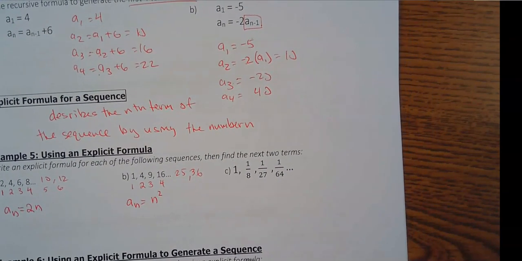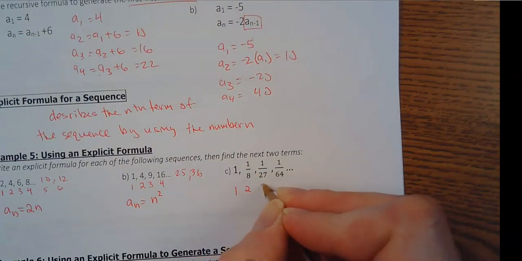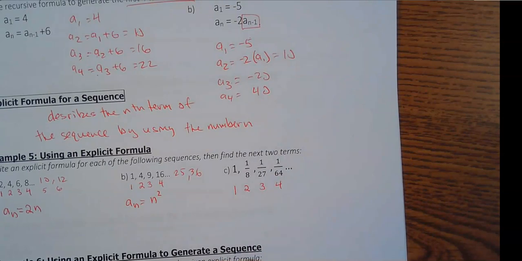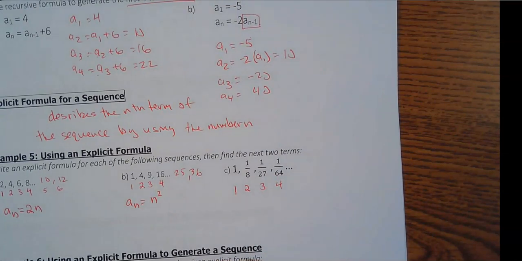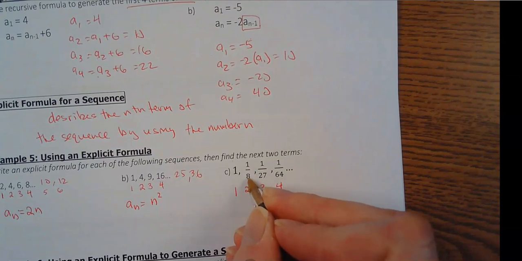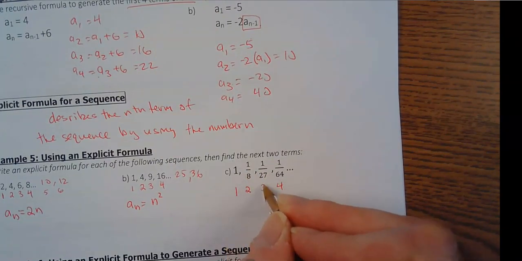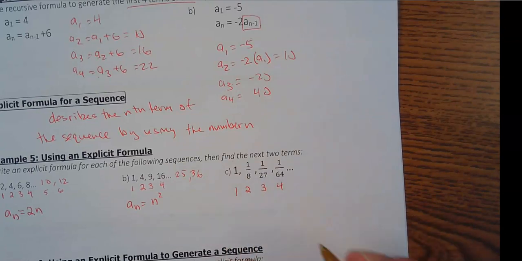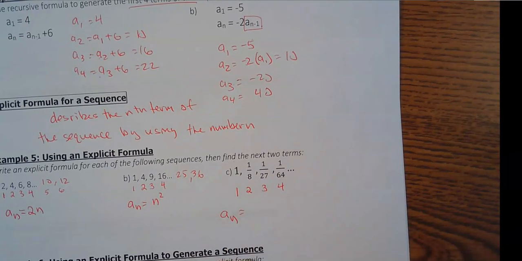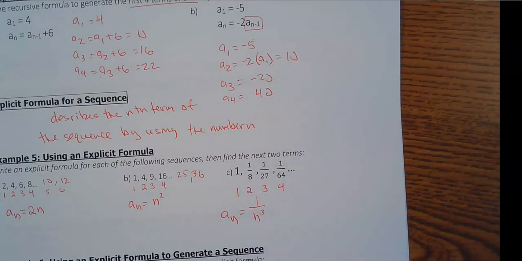This one's a little bit harder to find, but how can I use the number 1 to get 1, the number 2 to get 1/8, the number 3 to get 1/27, and the number 4 to get 1/64? Well, they're all on the bottom. These are 2 cubed, 3 cubed, 4 cubed, but on the bottom. So any a sub n is going to be 1 over that number cubed.